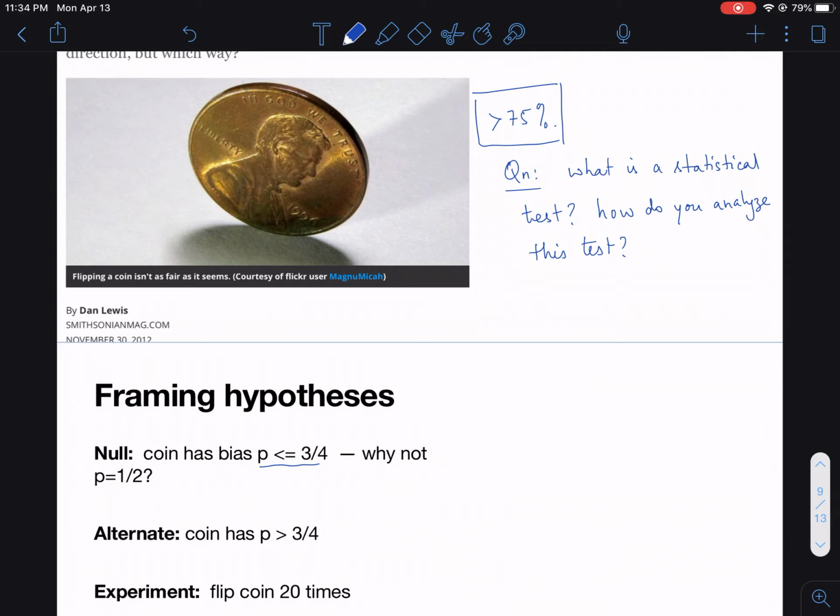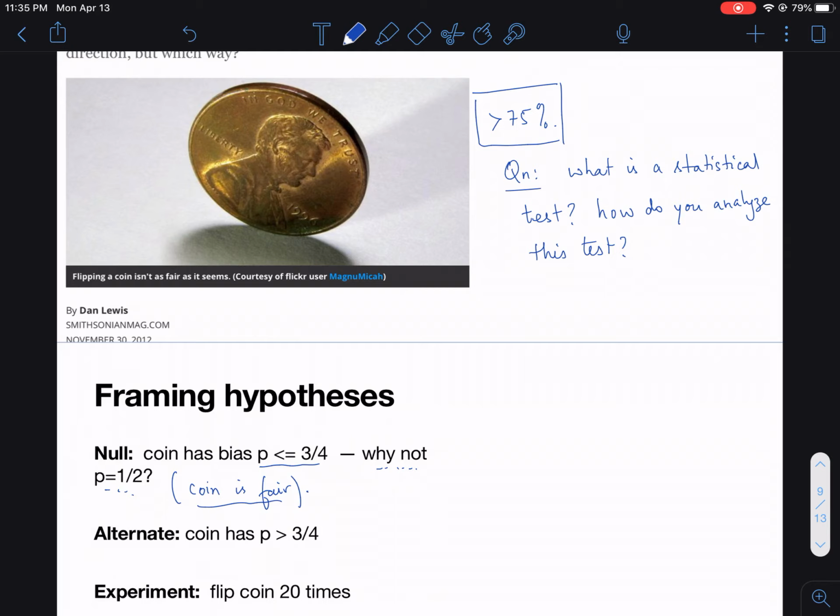You could also, in this case, have a null hypothesis that says p equals half, which is saying that the coin is actually fair. Both of these are actually valid null hypotheses. But very often in hypothesis testing, somebody makes a claim and you set your null hypothesis that is intended to violate the claim.